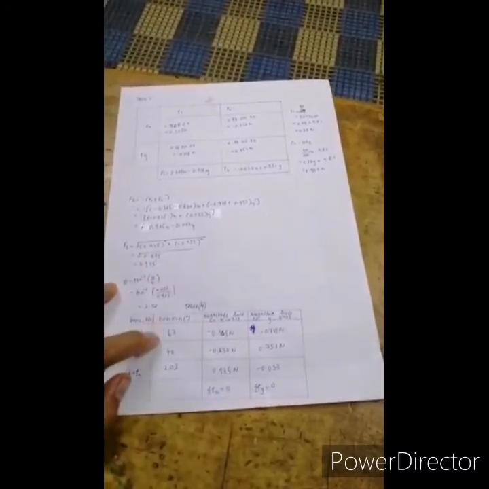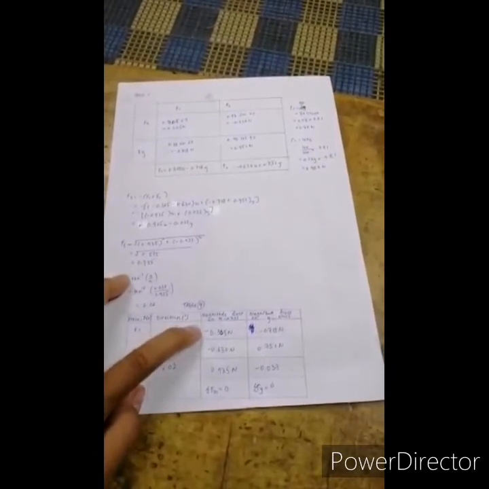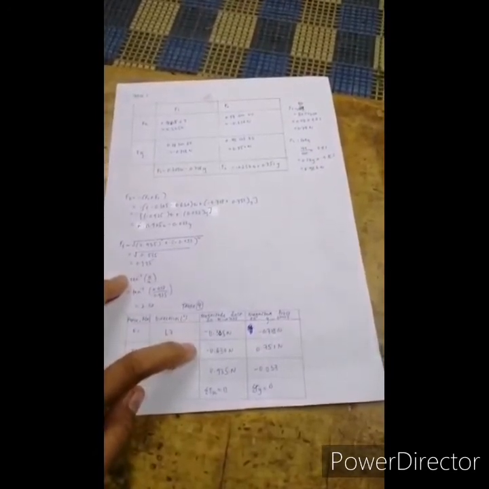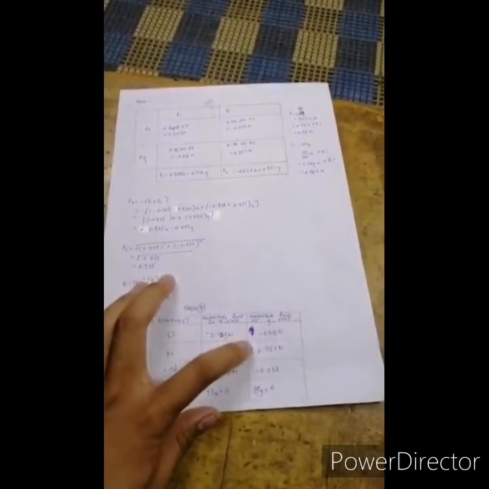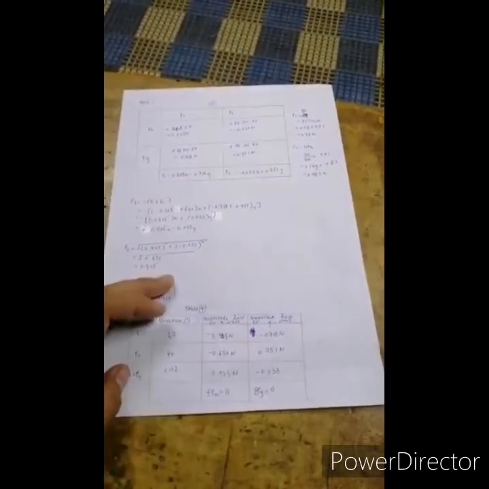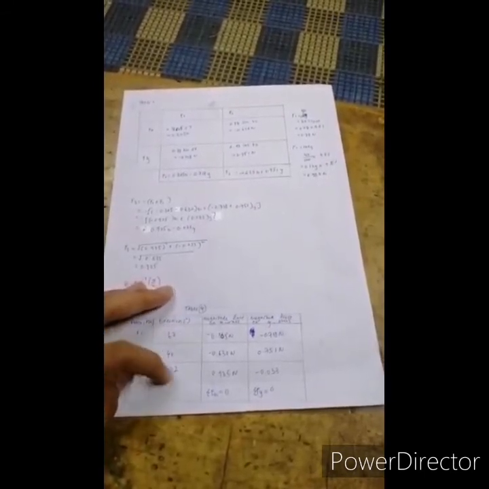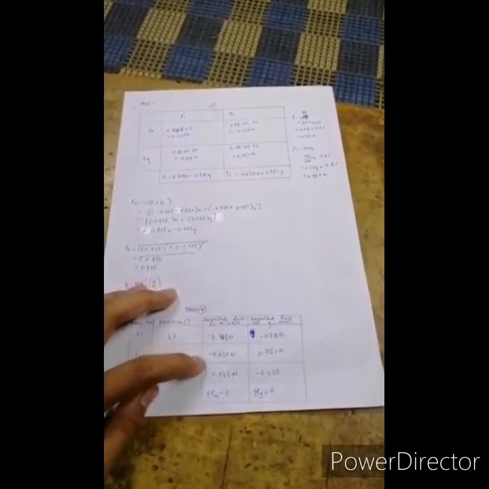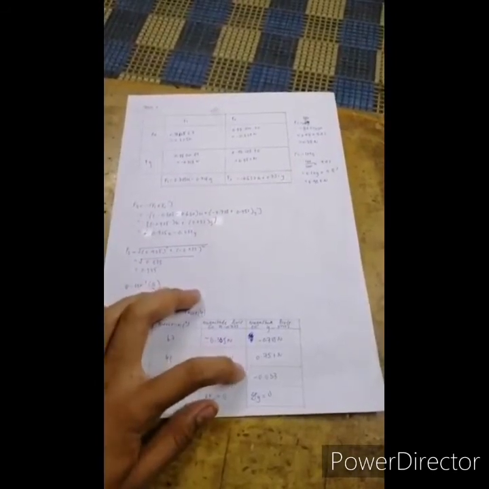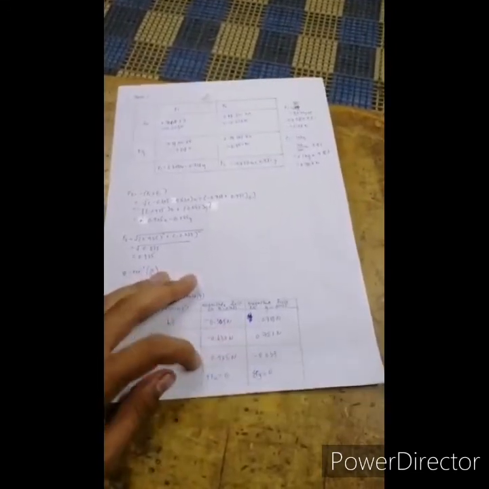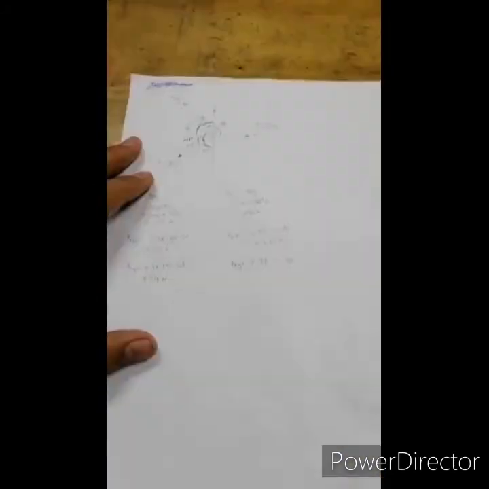F2 direction 40, x-axis negative 0.630 Newton, and y 0.75 Newton. F3 direction 2.02, x-axis 0.935 Newton, y negative 0.033, fx 0, fy 0.